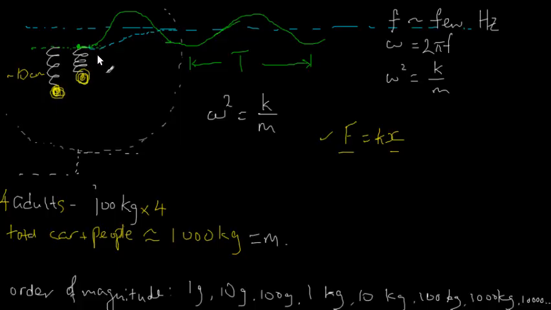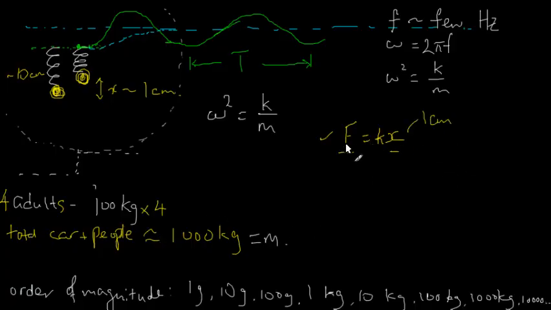So let me make another guess that the compression, the x this time, this amount, that's the x, to be a fraction of that. So again, the next order of magnitude down is about 1 cm. So I'm just going to take x to be about 1 centimeter.